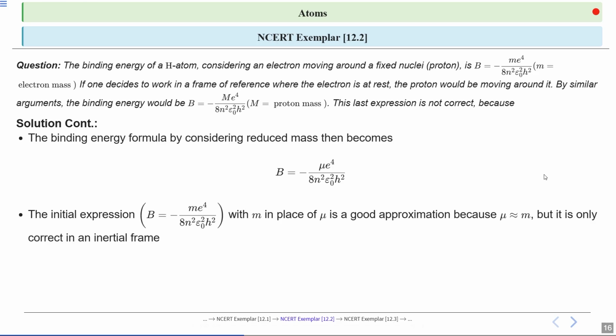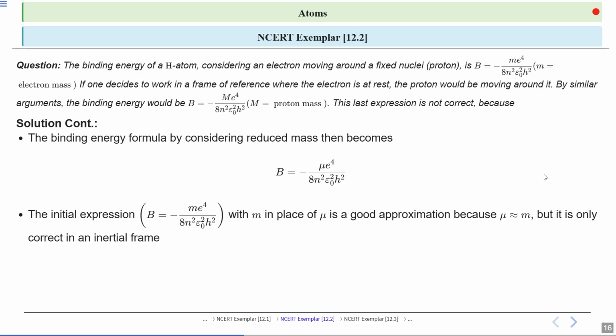The original formula B equals minus small m e^4 upon 8 n² epsilon naught² h² uses the electron mass m instead of the reduced mass mu. This is a good approximation because the proton is much heavier than the electron, so mu is almost equal to small m.